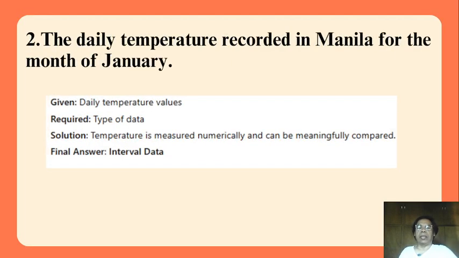Number 2, the daily temperature recorded in Manila for the month of January. So given daily temperature values and required the type of data. So our solution, temperature is measured numerically and can be meaningfully compared. So the final answer, these are what we call interval data.